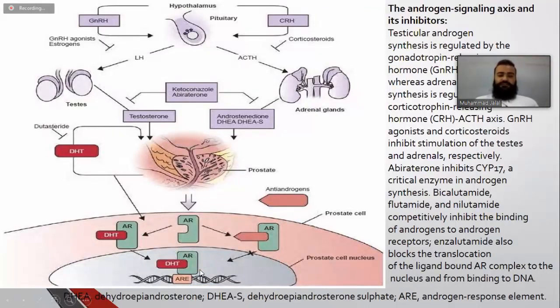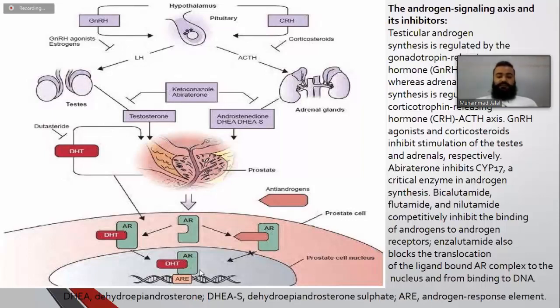Testicular androgen synthesis is regulated by the gonadotropin-releasing hormone, luteinizing hormone axis, whereas adrenal androgen synthesis is regulated by the corticotropin-releasing hormone, adrenocorticotropic hormone axis. Gonadotropin-releasing hormone agonists and corticosteroids inhibit stimulation of the testes and adrenals respectively.